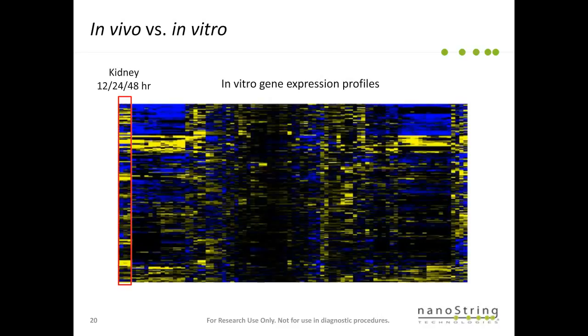It turns out that the in vivo, labeled here as kidney 12, 24, 48 hours, kind of reproduces some of the signature, some of the gene expression profile shown in a number of conditions, such as exposure to serum at 37 degrees, and osmotic or oxidative stress, but none of the in vitro ones fully represents the profile that we observed from this in vivo study.